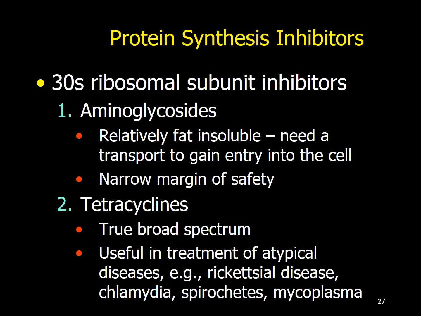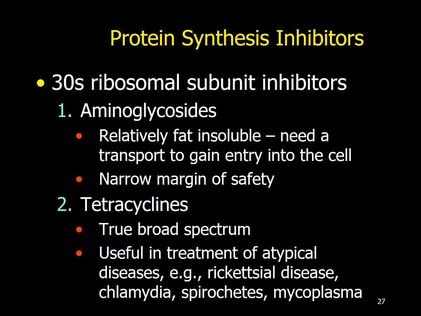They can't penetrate the cell wall and the bacterial membranes on their own. They need a separate transport mechanism to gain entry into the cell. Once they get into the cell, they are very effective, but aminoglycosides need help getting there. That's why you'll never see an aminoglycoside being given by itself. You'll always see aminoglycosides ordered with another antibiotic.